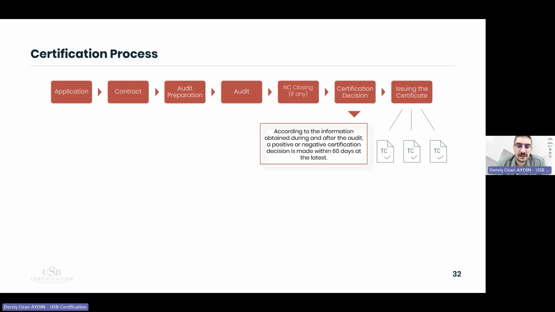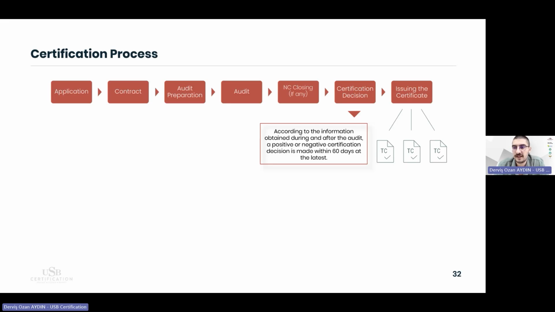After closing the non-conformities, certification decisions have to be completed by the certification body in 60 days to issue a scope certificate. These certification decisions can end as a positive decision or a negative decision.